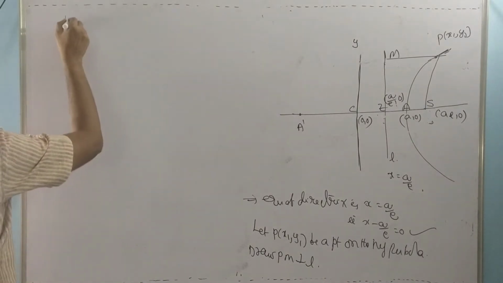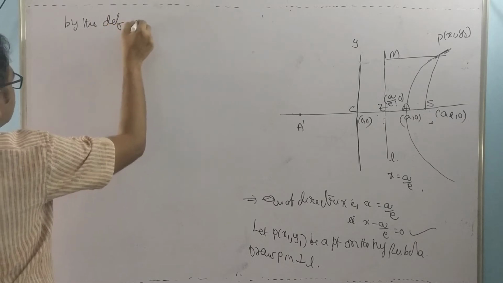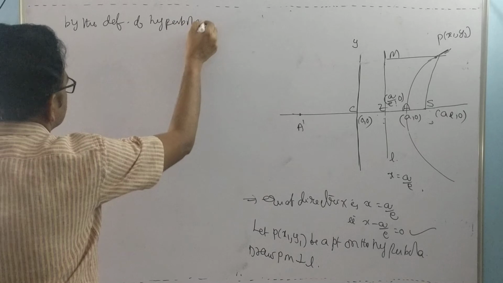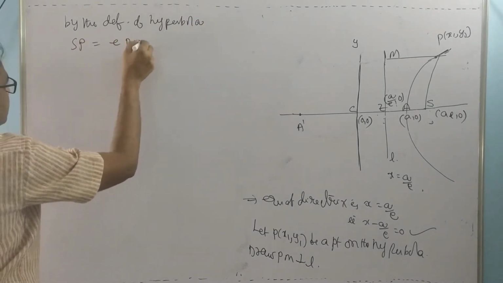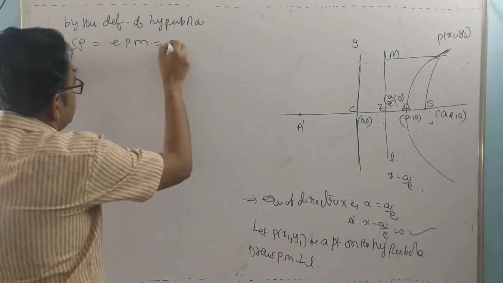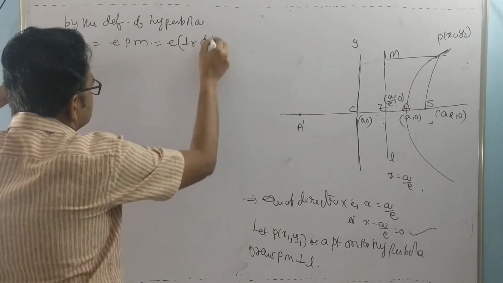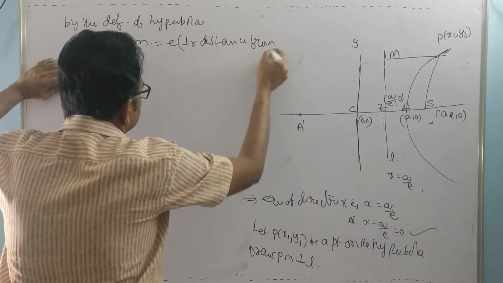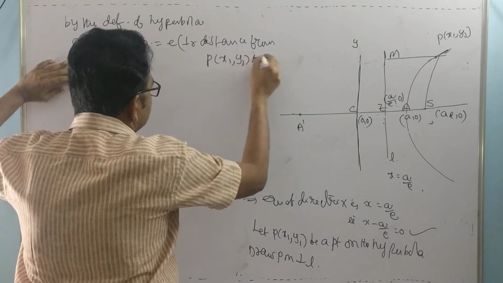Now, by the definition of hyperbola, SP is equal to E times PM. That is equal to E into PM, where PM is the perpendicular distance from the point P x1 comma y1 to the directrix.